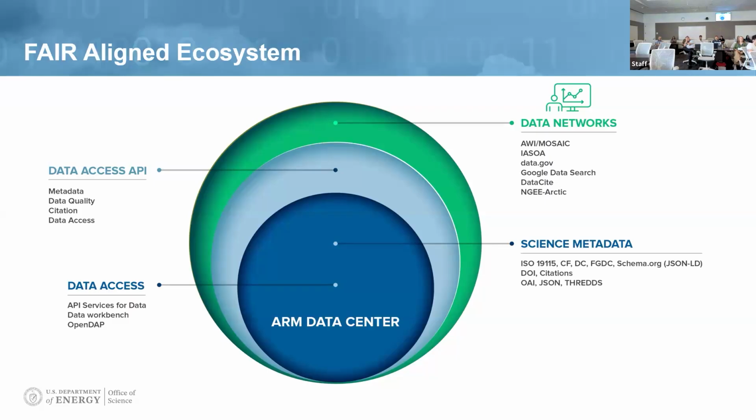And from the data access level, we have a lot of APIs and services to make this all interoperable. You can download it using simple Swagger-based documentation or through API platforms. And there are also several data portals where you can see this data.